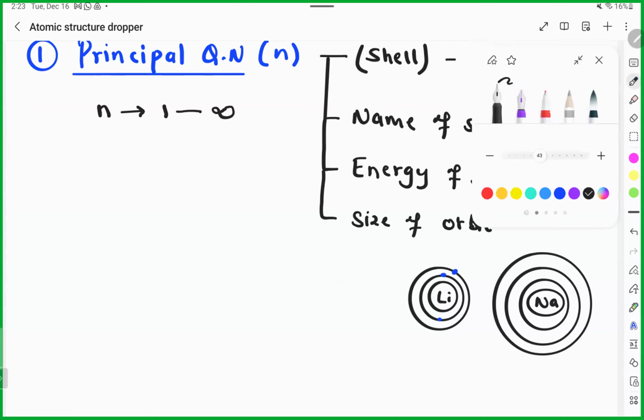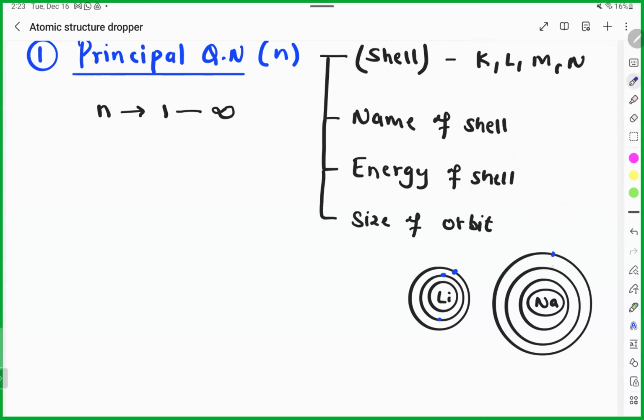Correct? Because here you have more electrons and electron repulsion. What will happen? Size will be big. So the size of the orbit depends upon the quantum number. First quantum number, smallest size, and last quantum number, biggest size. Correct?